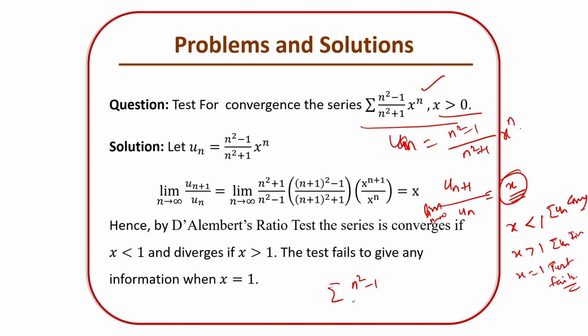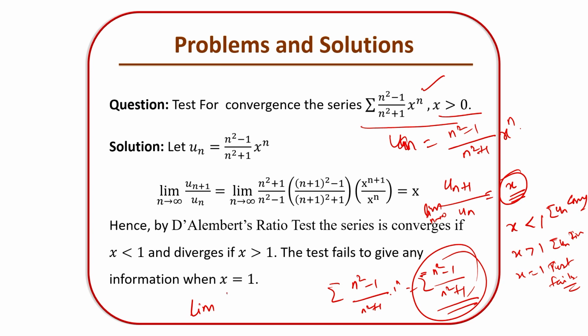So what does the series become? The series becomes (n square minus 1) divided by (n square plus 1) into 1 to the power n, so this is also the series summation of (n square minus 1) divided by (n square plus 1). Now you can test whether this is converging or diverging. How to test this? Let us put the limit of (1 minus 1 by n square) divided by (1 plus 1 by n square). So this comes out to be limit as n tends to infinity of u_n equal to 1, which is not equal to 0, right?